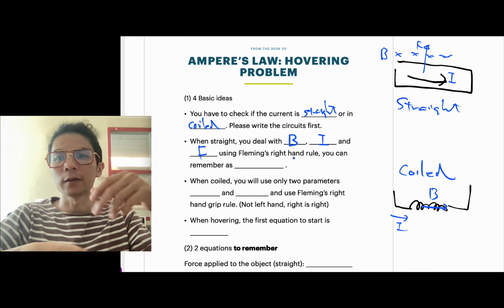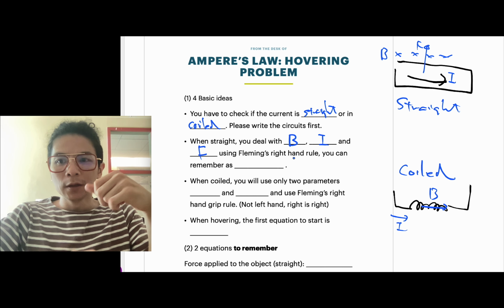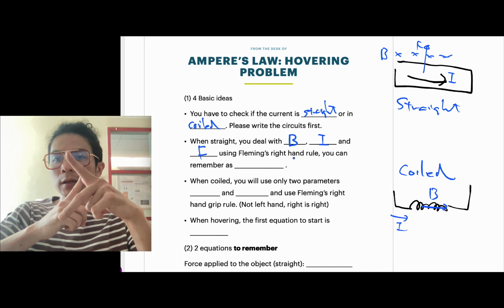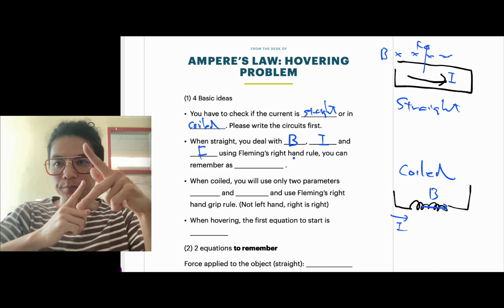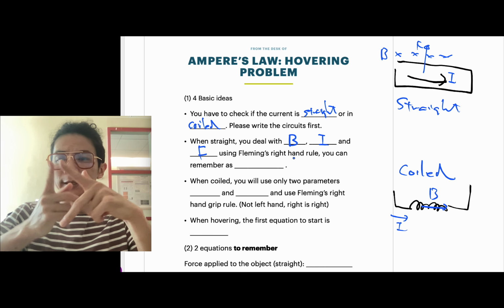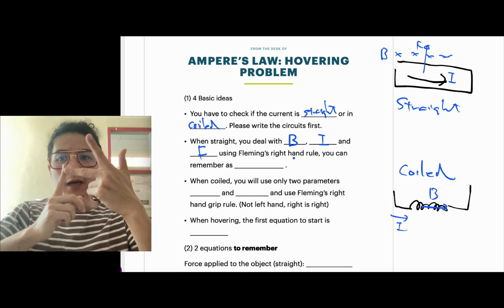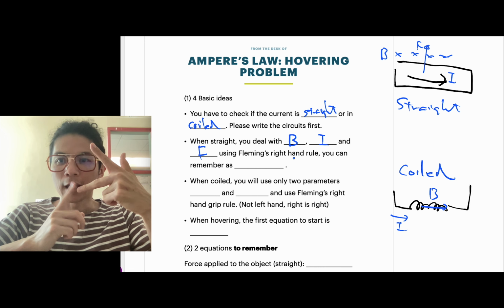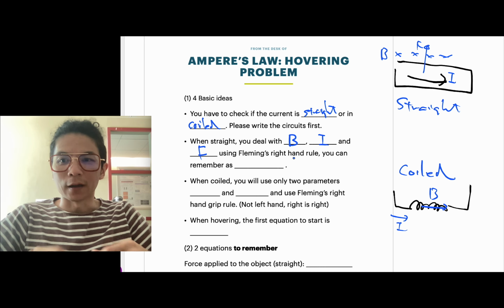You want to remember right hand is right, and you want to remember it as FBI, just the government FBI, and F comes from the middle finger, which is easier to remember because F and middle finger nicely line up.